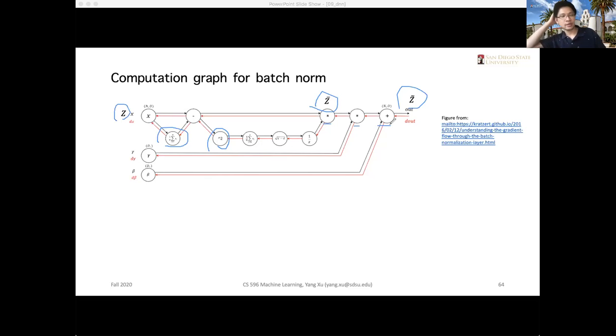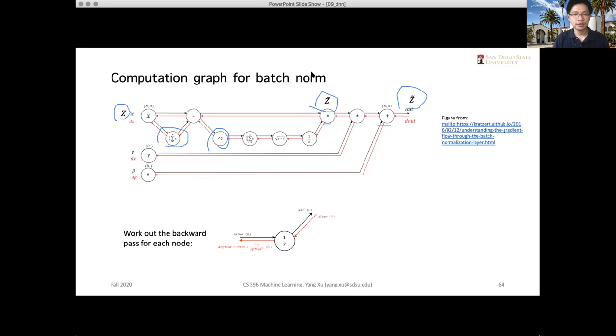If we define the batch norm using this computation graph, the forward pass and the backward pass need to be taken care of really carefully. Okay, and fortunately, although this is a very complex computation graph, we already have it available in most of the modern frameworks. Okay.